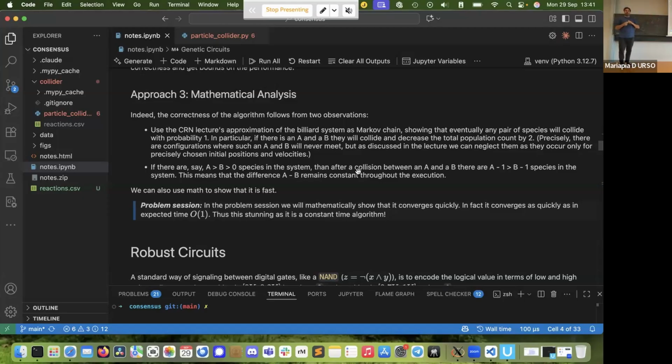And then just showing this takes a bit of time, but it's doable. You will do this in the problem session, as the second exercise, to show that this algorithm is so incredibly fast that it has constant runtime, big O of 1 runtime complexity. That's very untypical for algorithms, but it's really, really cool.